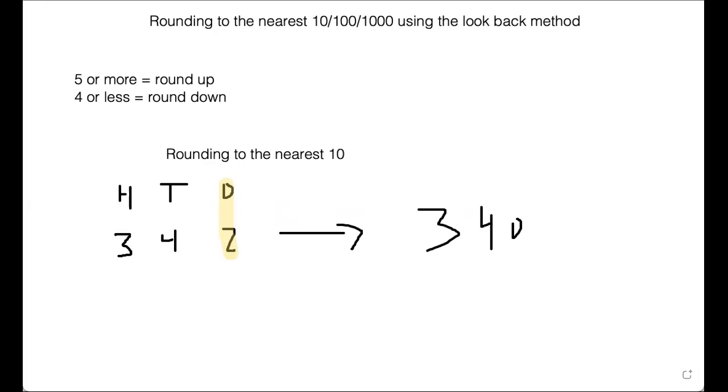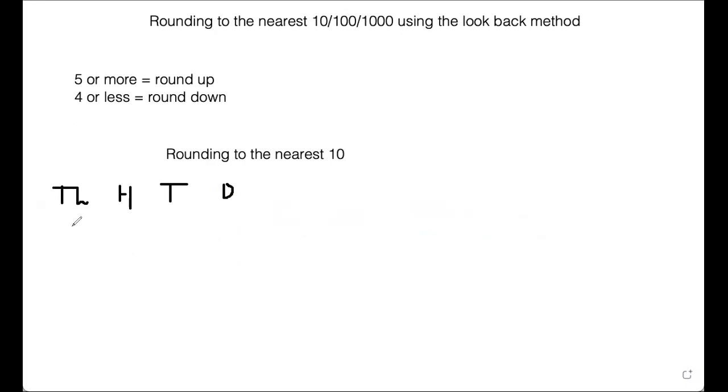If I show you that example with a 4-digit number, exactly the same thing. 8,235. Again, we're rounding to the nearest 10, so we're looking at these two for now.